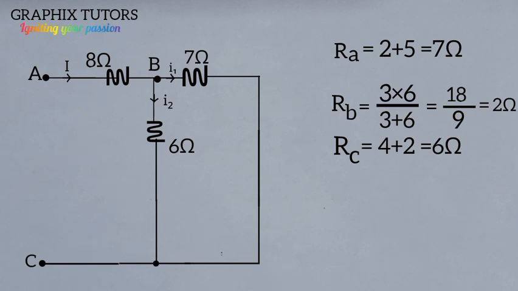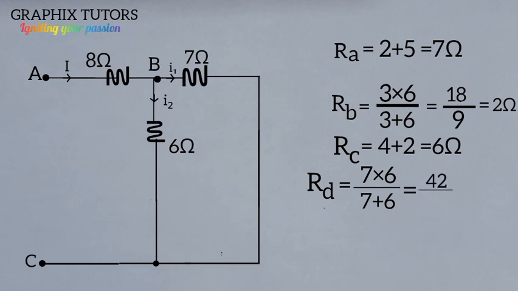So we'll now multiply both of them and divide by the addition of both of them. So we're having 7 times 6 all over 7 plus 6. This will give us 42 over 13, which is 3.23, right?